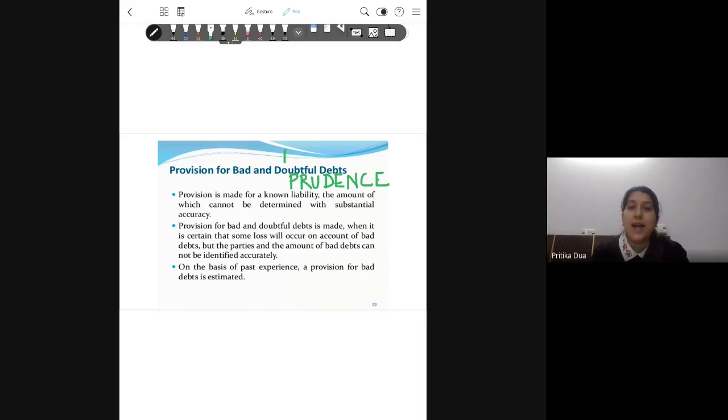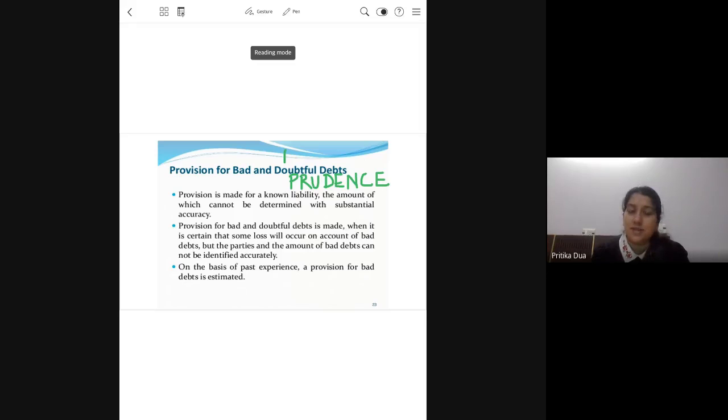Okay, obviously the actual bad debts might be higher than this provision made or might be lower than this, but to play safe, the firm makes this provision at the starting of the year. And this is all based on your past experience because estimation of future will require some past experience on what basis you will make the forecast.